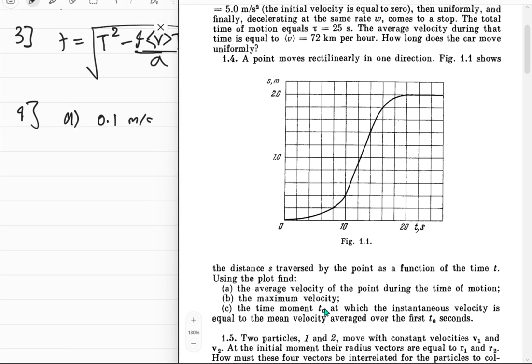0.1 meter per second. Okay, talk about B. The maximum velocity. So the maximum slope is, I think this is the maximum slope, right? Yeah. And this slope is something like, why is this not in integers? So it's going from here to, let's say, till here.